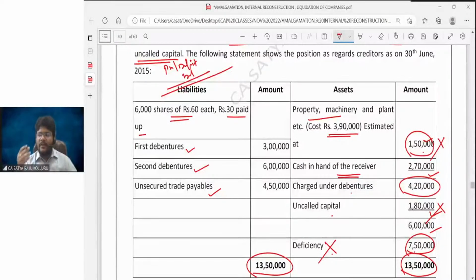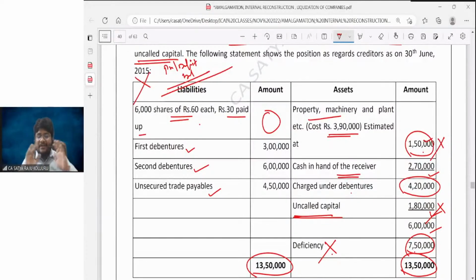If the liquidator doesn't have sufficient cash balance in hand, then the liquidator will ask for that money from the shareholders. At that point of time, shareholders will contribute, which is nothing but uncalled capital. And if you check, nowhere was the share capital presented. It was just given under the liabilities portion, but the amount was nil. So that's why it is not a balance sheet.